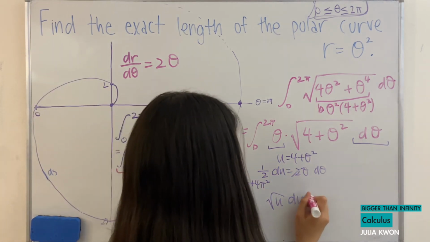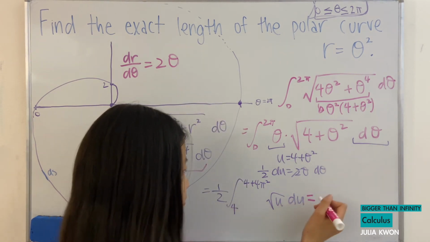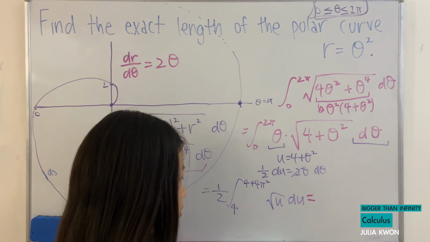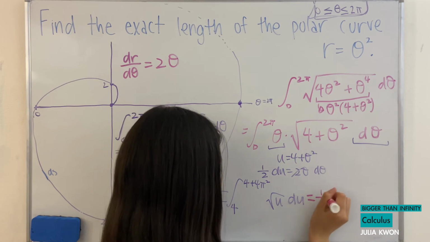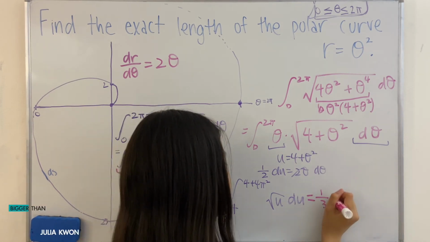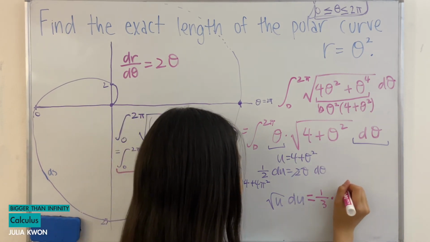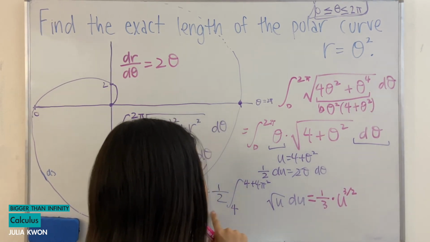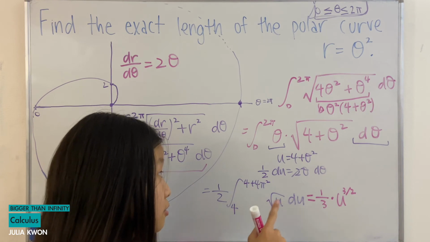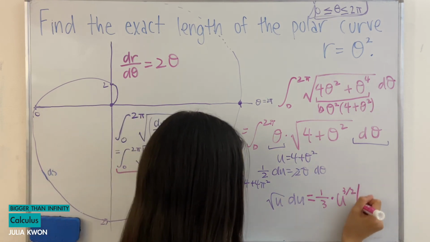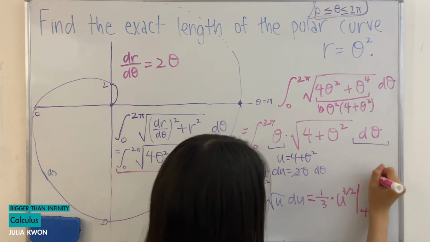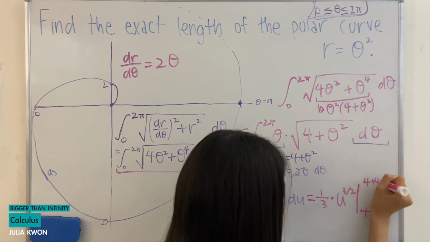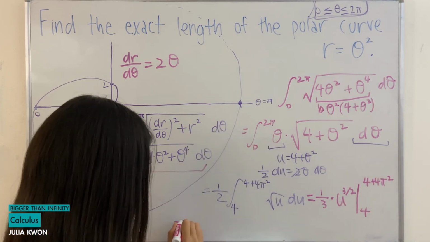And then we have 1/2 multiplied by 2 over 3, so that's 1 over 3, multiplied by u to the power of 3 over 2. I got 1 over 3 by multiplying 1 over 2 with 2 over 3. And then we put in 4 and 4 plus 4 pi squared.